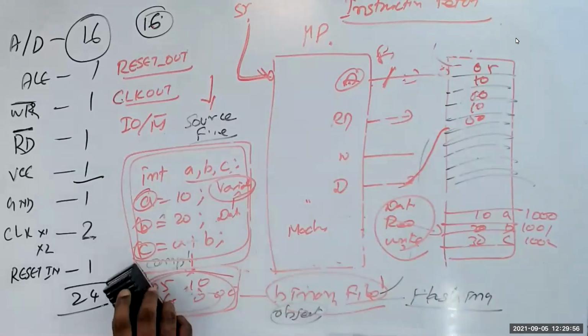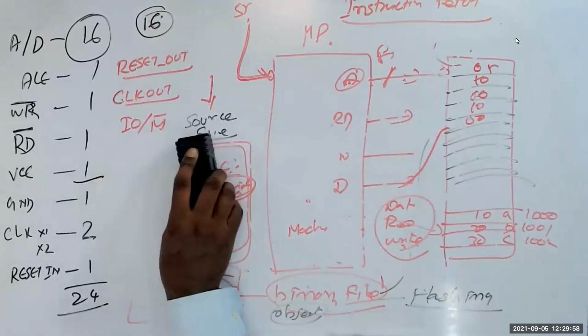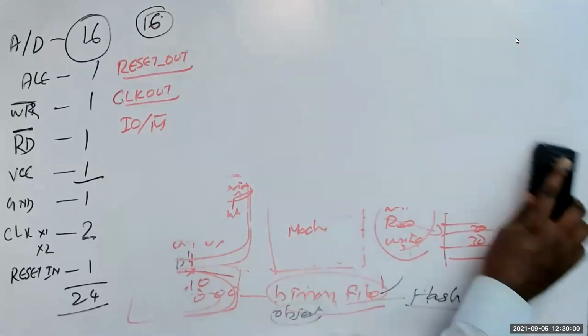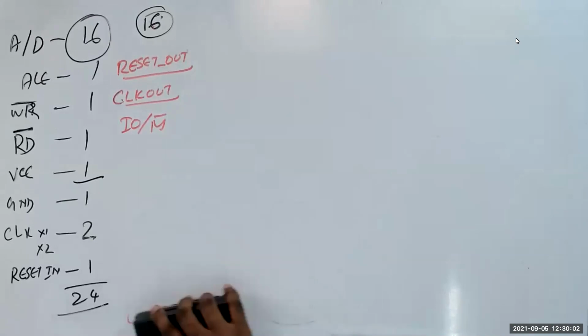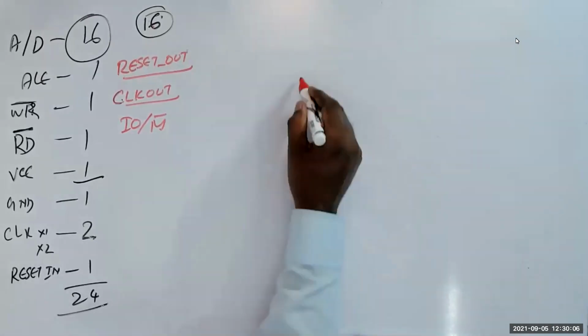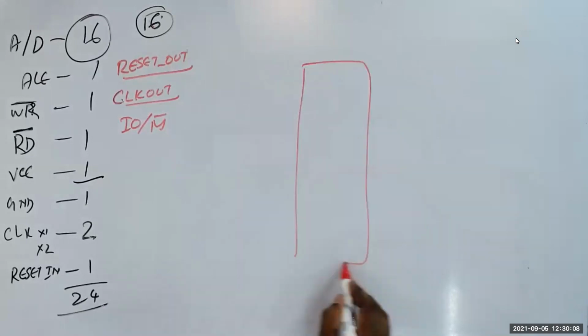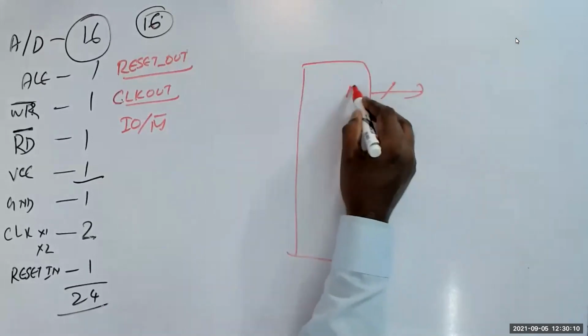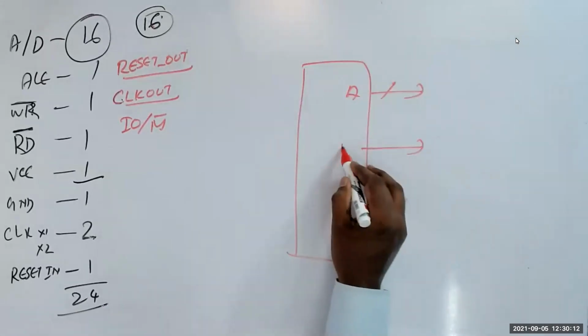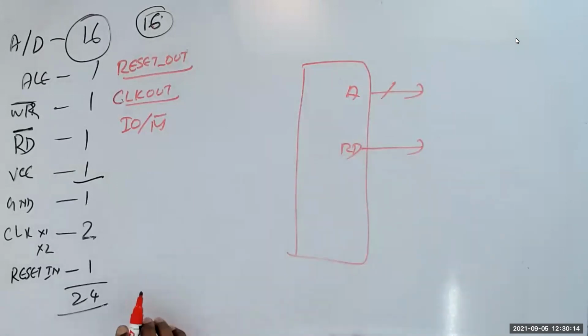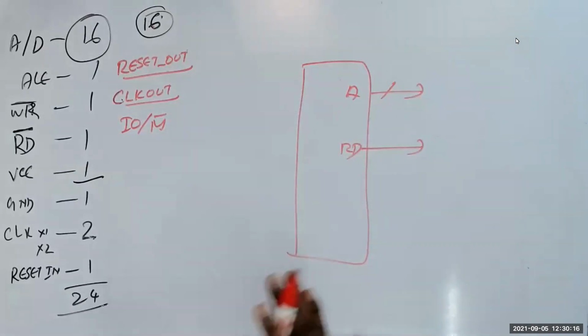But see here the most important thing. The microprocessor gives an address. It gives a read signal. Am I right? But how do I know that? Let us say somebody outside wonders.